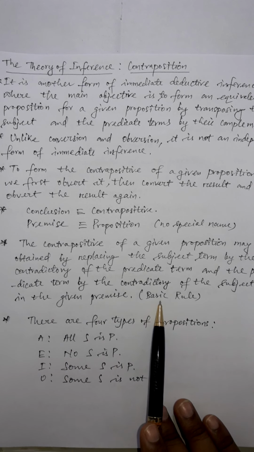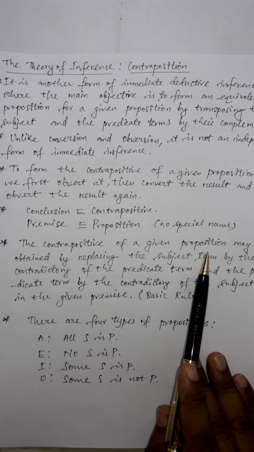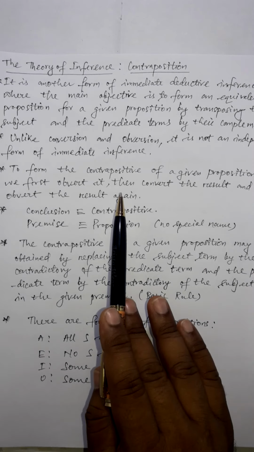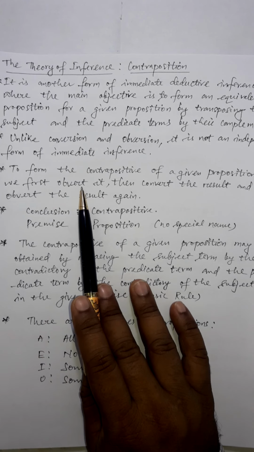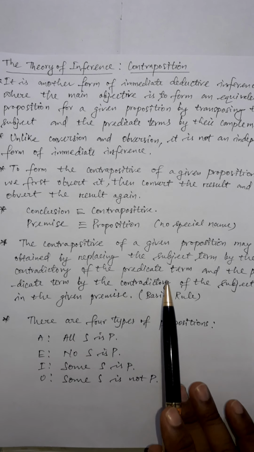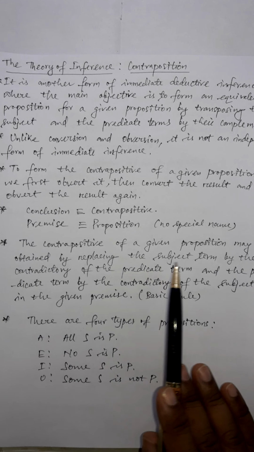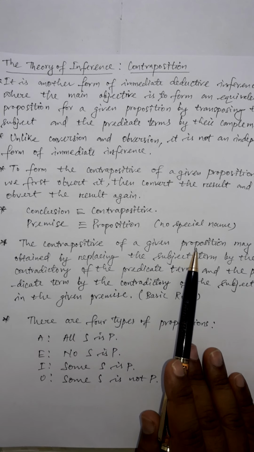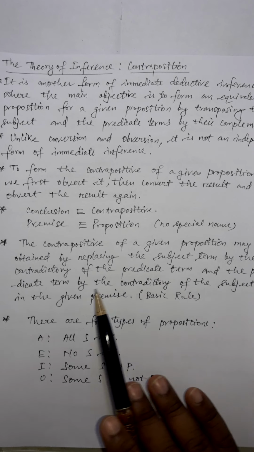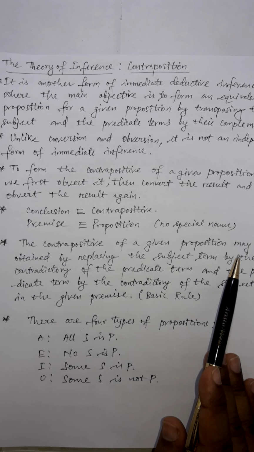The basic rule to get the contrapositive from a given proposition is very simple. Either we can adopt the three steps, obversion, conversion and obversion, or we can directly apply this rule, which says we can replace the subject term and the predicate term by their contradictory terms. That means the subject term will be replaced by the contradictory of the predicate term.